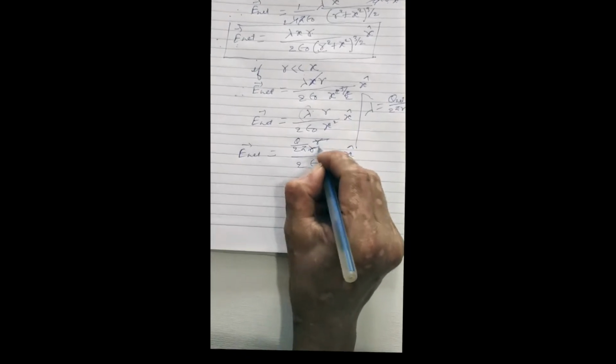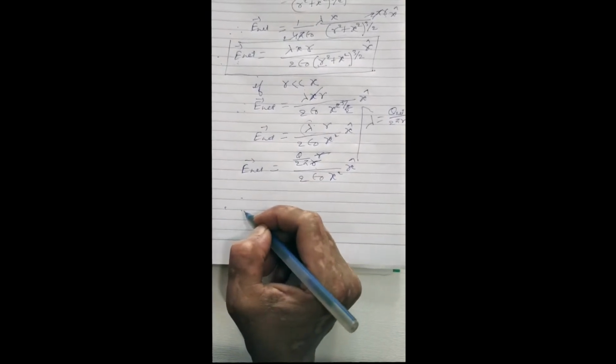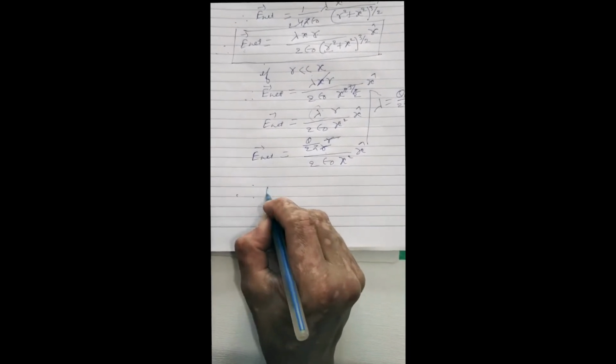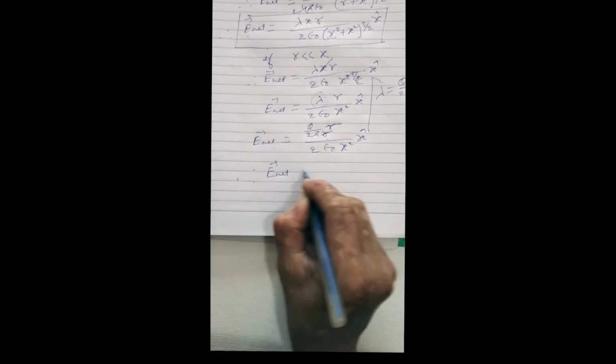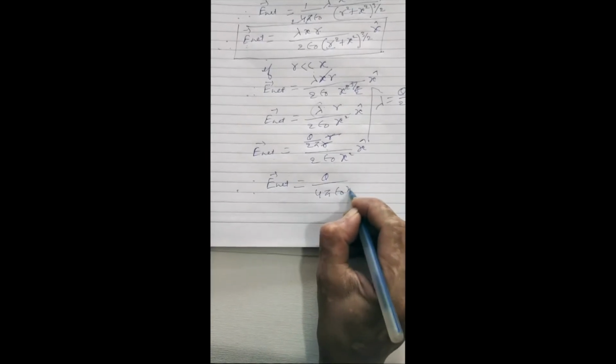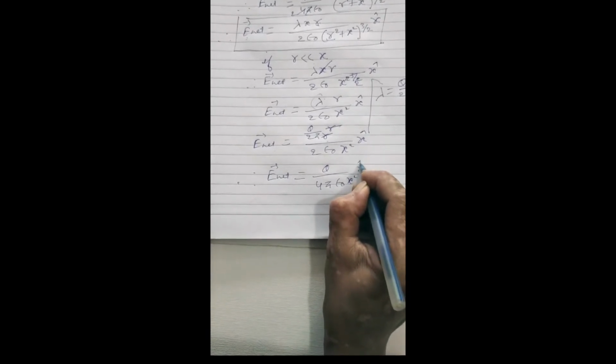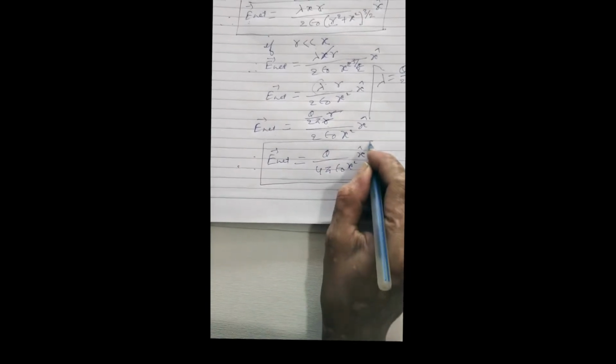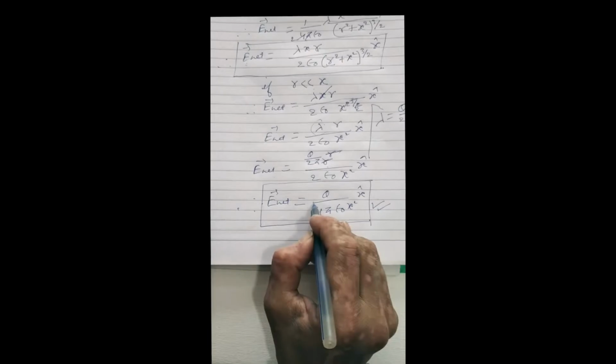So this R and this R are cancelled. Therefore E net is equal to Q upon 4 pi epsilon naught X square. You can see that the electric field has come in its own form.